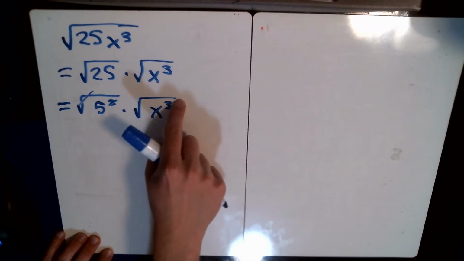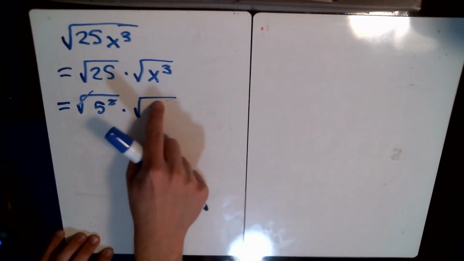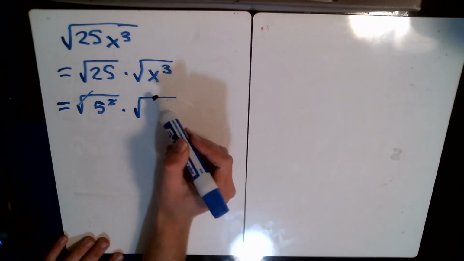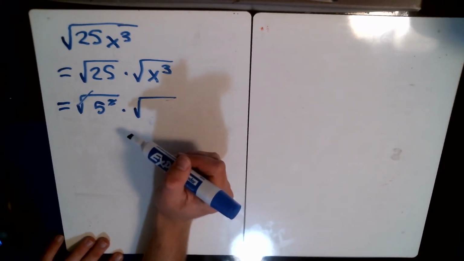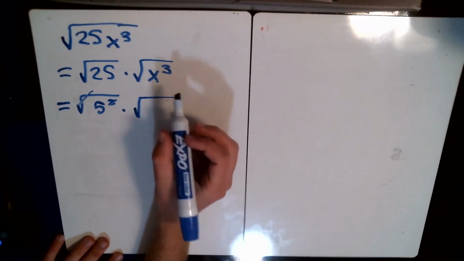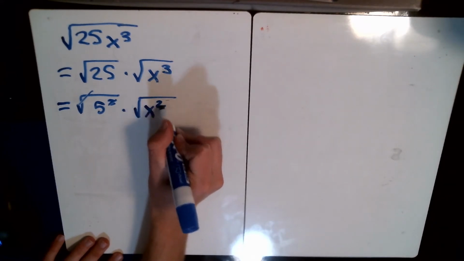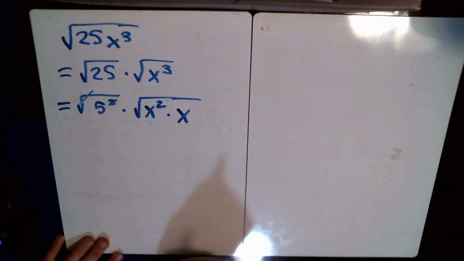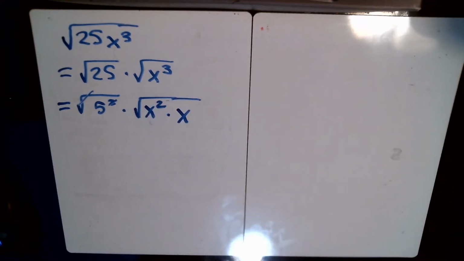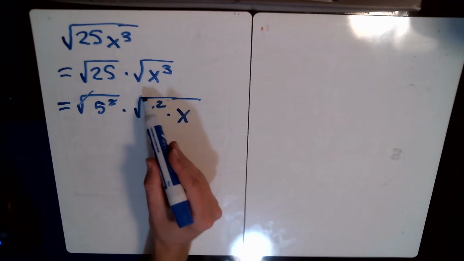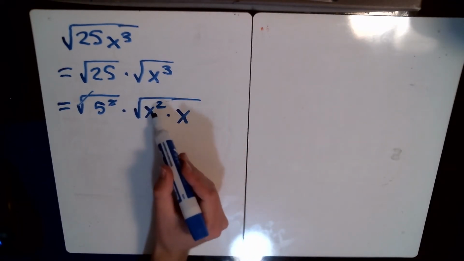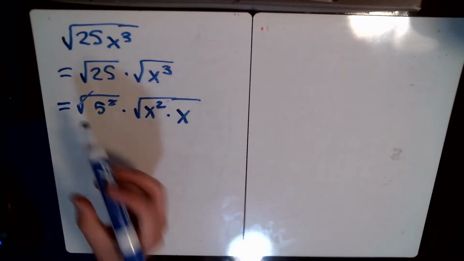Well, inside of x cubed, is there an x squared? Okay, and yes, there is. There's one x squared, right, and then an x left over. And why we want to do this is because the square root will cancel out with that square, and we can move that x on the outside, okay?